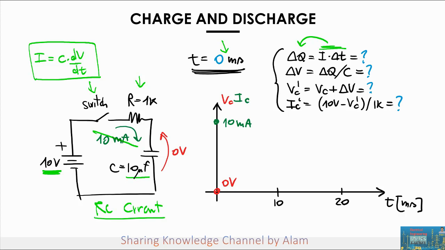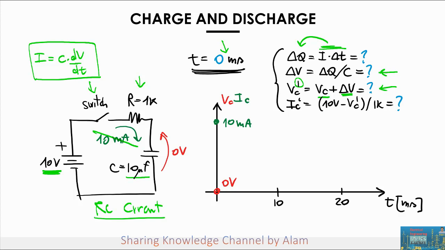Now we know from the relationship between the capacitor's charge and voltage that if we have an extra charge in the capacitor, then we're going to have an extra voltage. I want to highlight that whatever extra voltage we calculate, this delta V, is going to be added to the voltage of the capacitor to give us a new voltage that I'm going to call VC first. I'm using this little mathematical notation here, first.